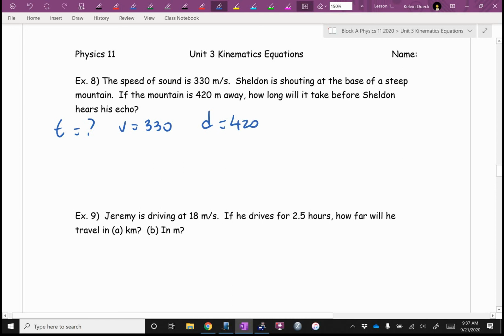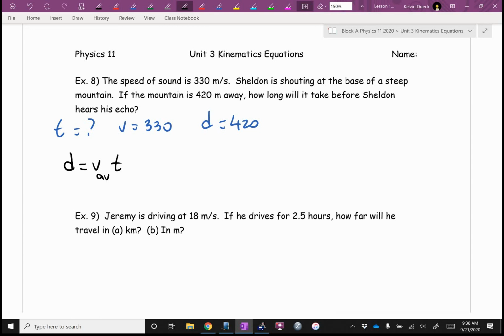Looking for an equation that has a D, a V, and a T in it. I think the one that I gave you on your sheet is this one. D equals V av T. Yes? How would I get the T by itself? Well, what's the V doing to the T? Adding, subtracting, multiplying, or dividing? So how do I move it over?